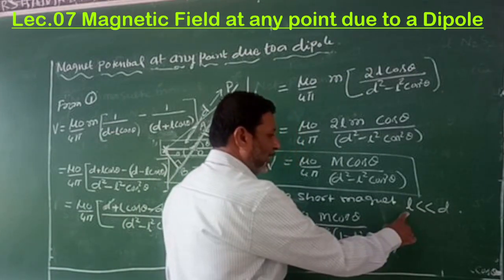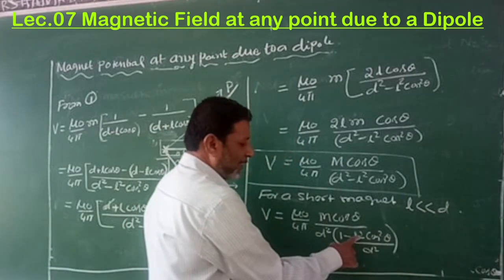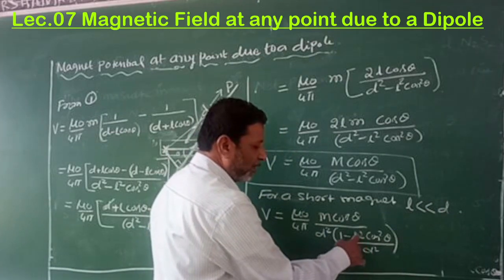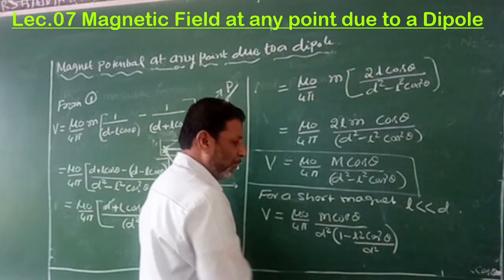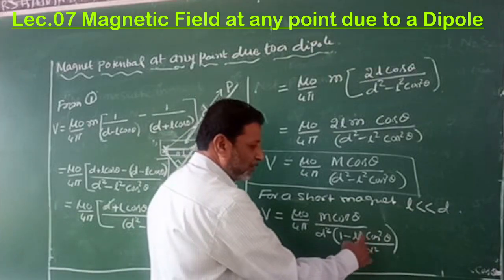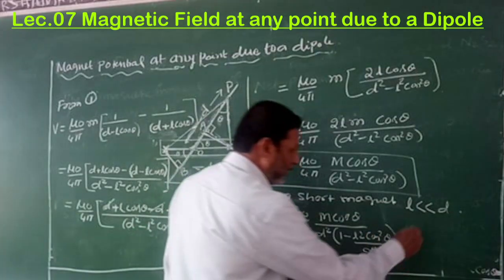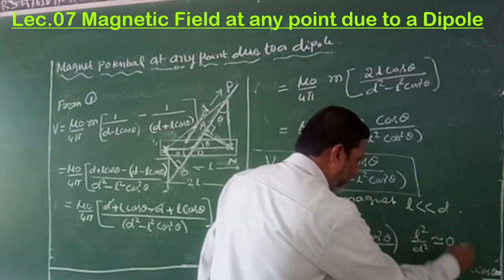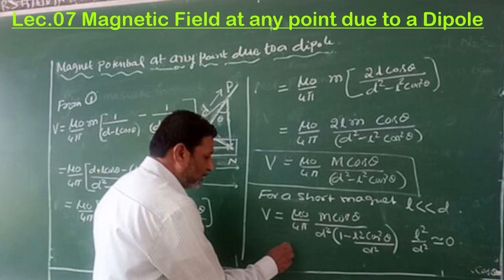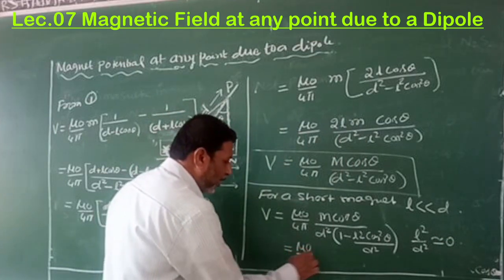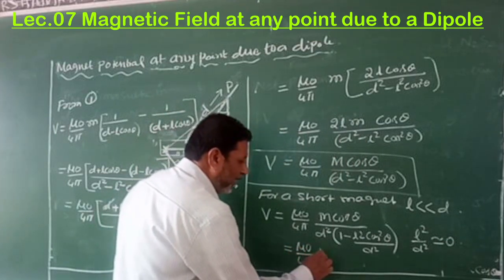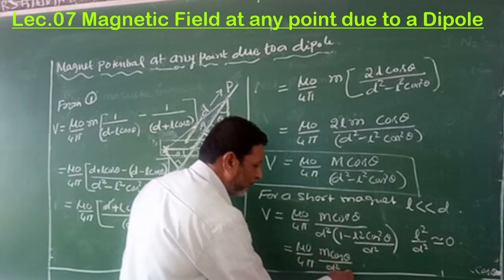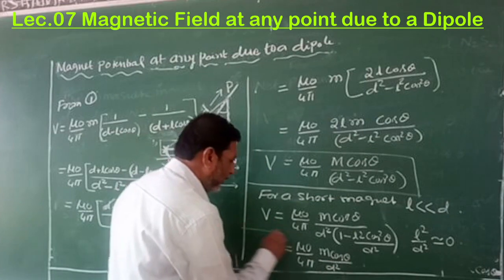Now when L is very much less than d, this L square divided by d square is approximately equal to 0. Then 0 into something is 0. Now this reduces to mu naught divided by 4 pi, m cos theta divided by d square. This is the value of V.